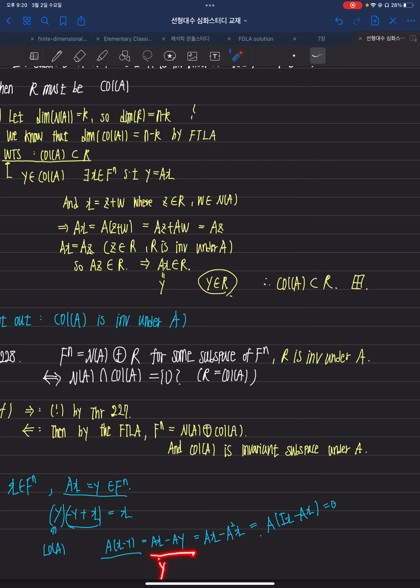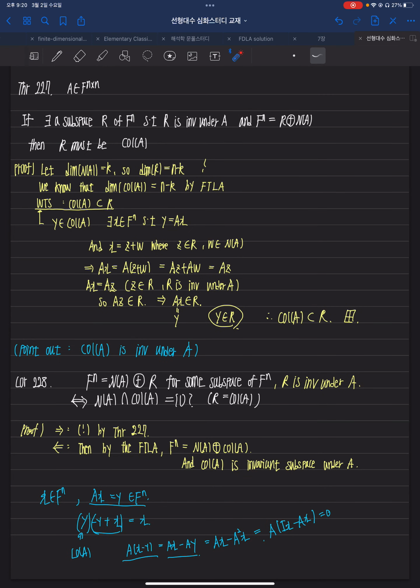Ax는 y고, y-Ay. 지금 보면 N에 대한 0이었으니까 그걸 못하고 있는 거죠. 읽으면 안 될 것 같네요.